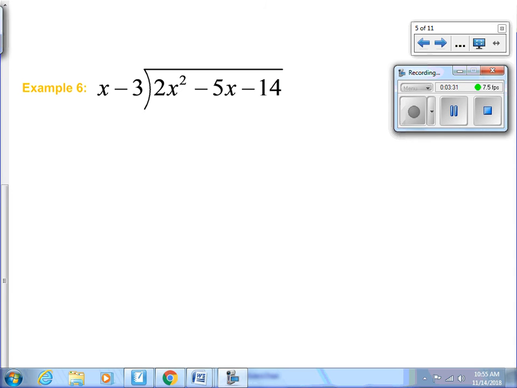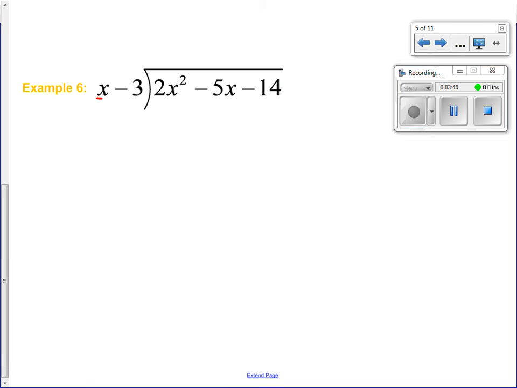Alright, so in this example, we've got 2x squared minus 5x minus 14 as our dividend, and we're dividing that by our divisor, x minus 3. So remember what we talked about. I'm only going to try to get the leading term to divide into our dividend, and then the following term, the x minus 3, will just follow along.